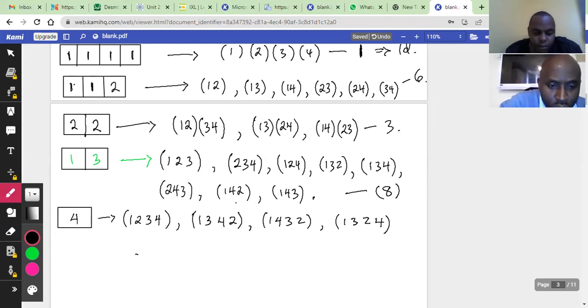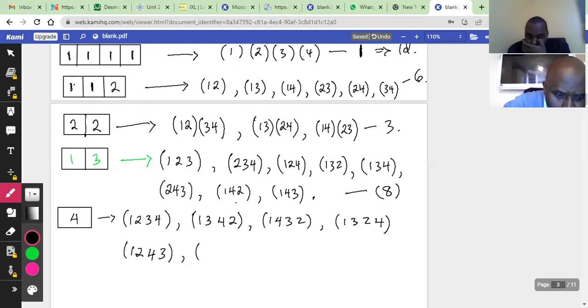So 1 goes to 2, 2 goes to 4, and 4 goes to 3. 1, 2, 4, 3. Okay.